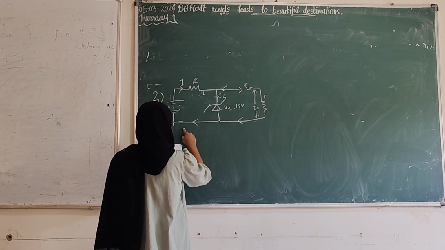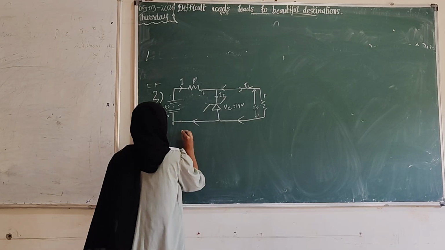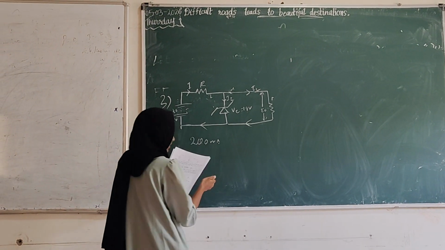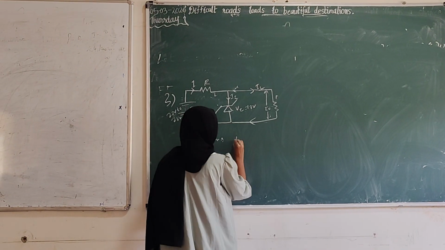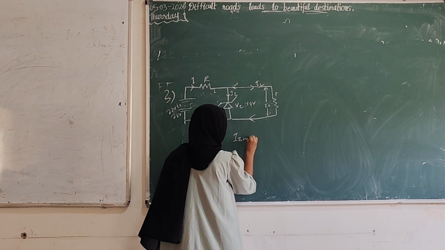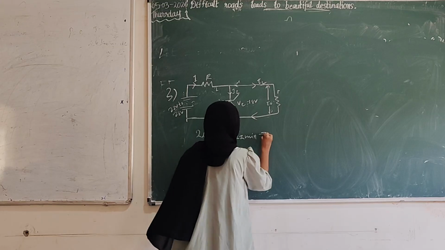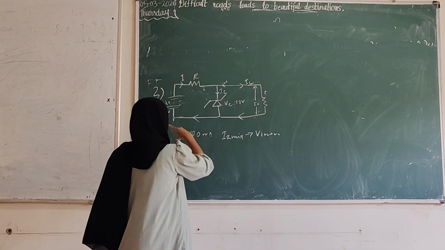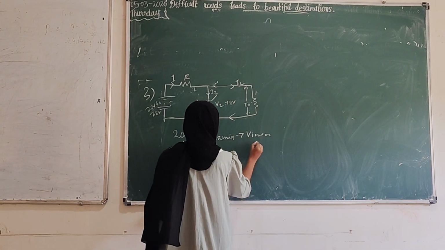So we want to find the value of series resistance. The zener current will be minimum, that is 200 mA, when the input voltage is minimum. Same as in the previous question, zener current is minimum when input voltage is minimum, that is 22.